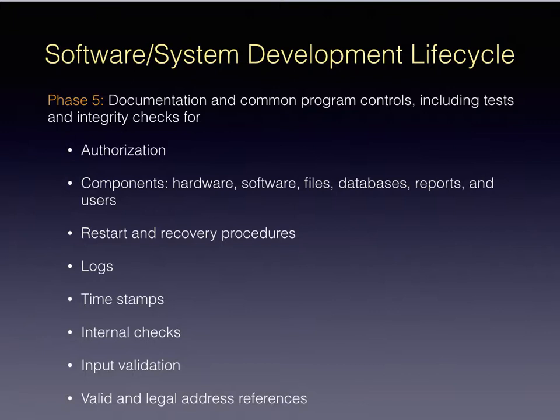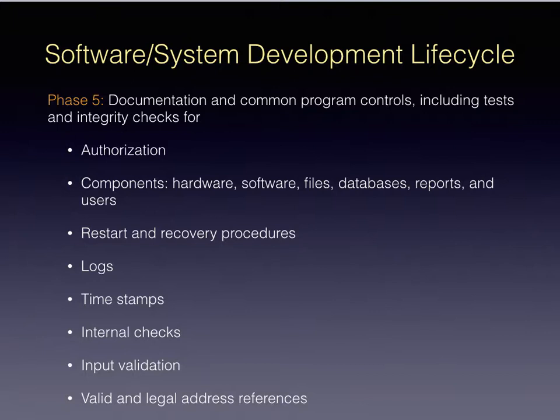Do security requirements address all the different components of the system, including the pathways over which data is going to travel, all interfaces between the system and other systems, restart and recovery procedures, part of business continuity, logs, part of ensuring that we can either recreate a security incident or that we can, in real time with a security information and event management system, identify anomalous behavior, timestamps, internal checks, input validation.